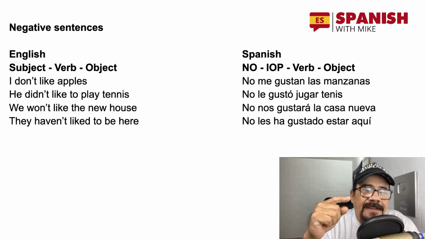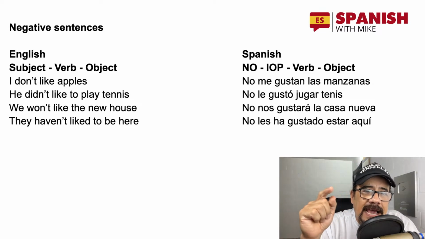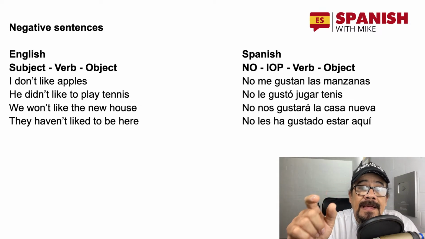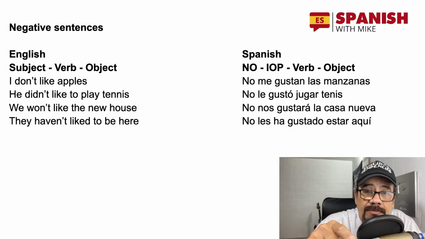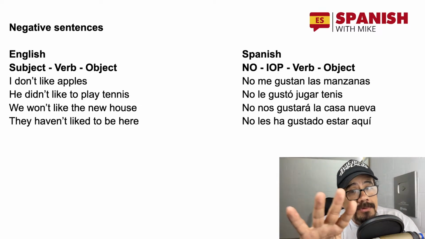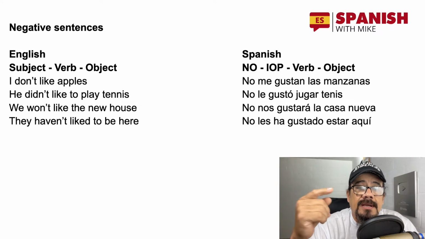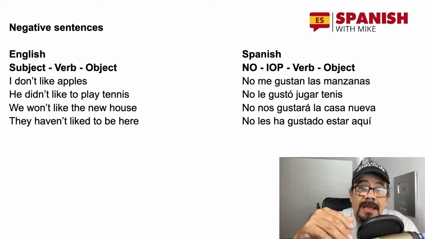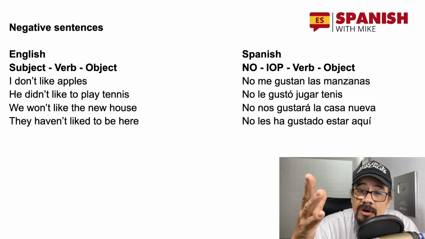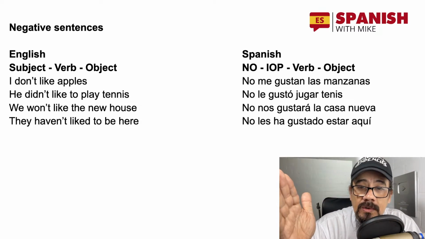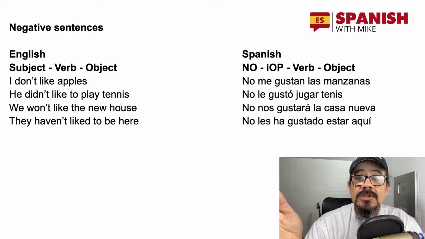So if the sentence in English is I don't like apples, in Spanish I start with no, then the indirect object pronoun me, then the verb conjugated in whichever tense we need, and then the object. No me gustan las manzanas. If it was an affirmative sentence, I just say me gustan las manzanas. The negative sentence is no me gustan las manzanas, and that's it. It's pretty easy, right?